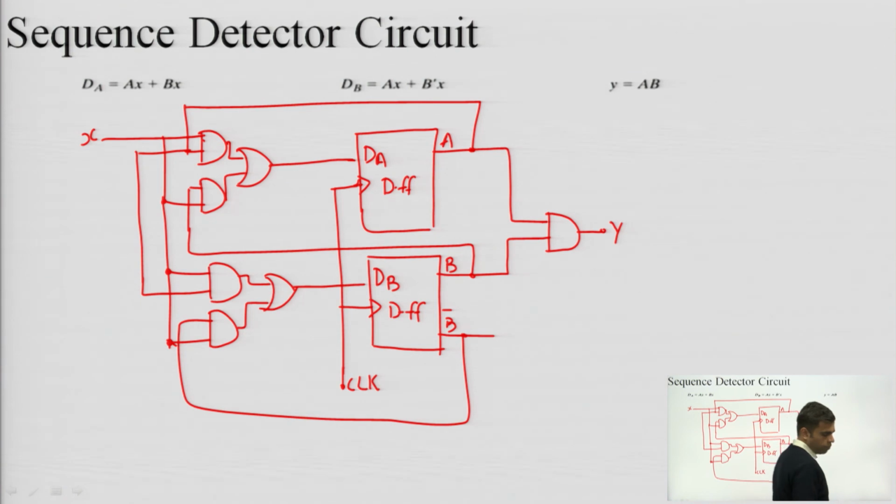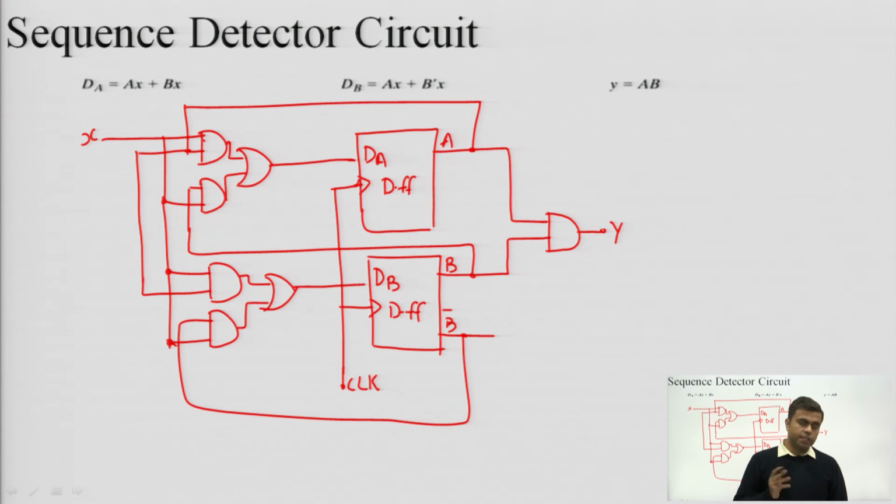In this way we can design a sequential circuit from the given word description. Summarizing what we have done: we converted the given description into a state diagram. In that state diagram we assigned binary states to S0, S1, S2 and S3. Then we converted that into a state table.